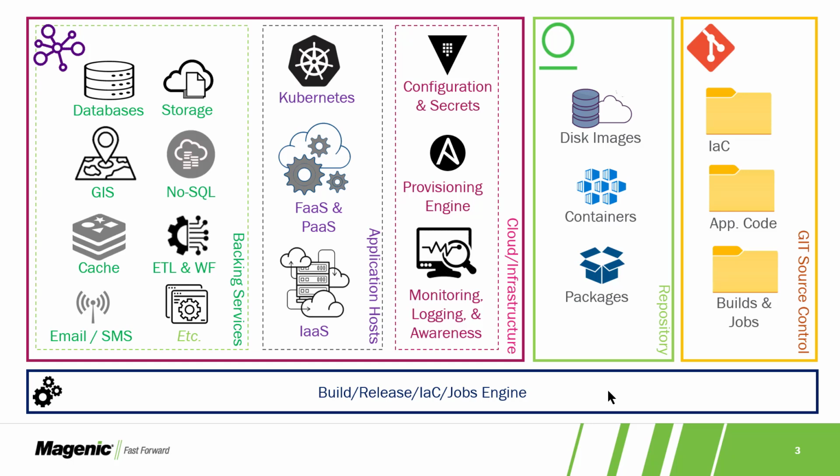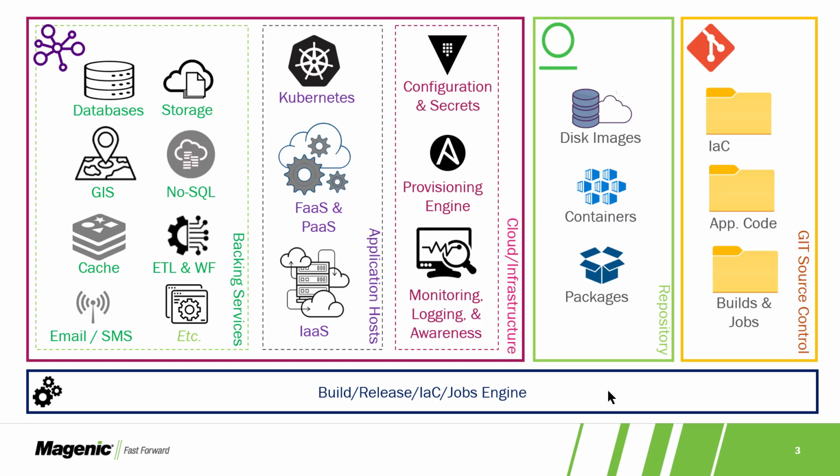And it may be one engine, it's certainly possible to do, or one engine that maybe coordinates the work of other engines. For example, we might use Jenkins to kick off an Ansible Tower to do the provisioning of our infrastructure, but the actual CI and CD builds might happen in the build engine itself.